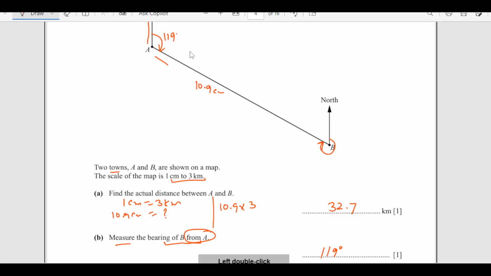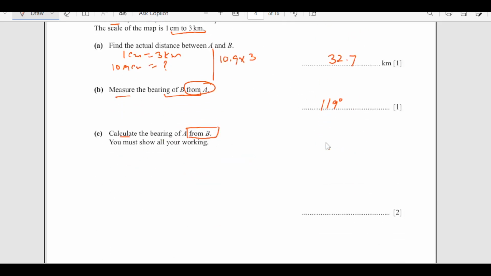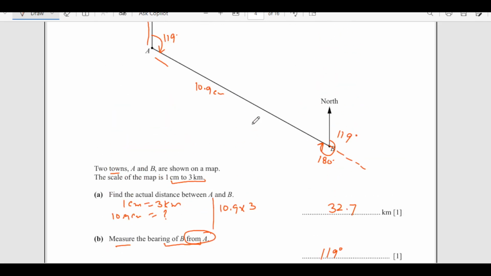So as you see, this angle is 90. So if I extend this line here, right, so this angle is 180. As you can see, this angle is 119 and this is 180, right? So we are going to add this to get this angle, 180 degrees plus 119. Sorry, this was 119.